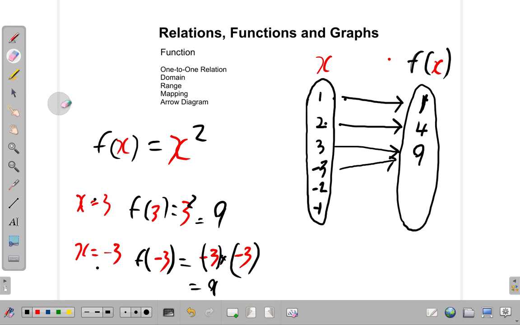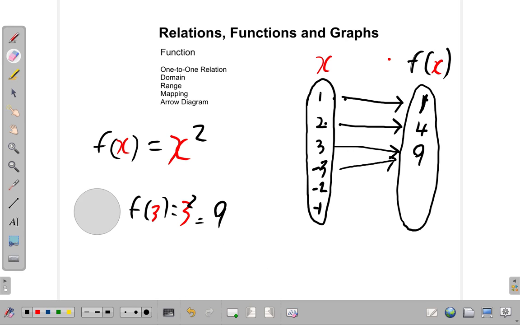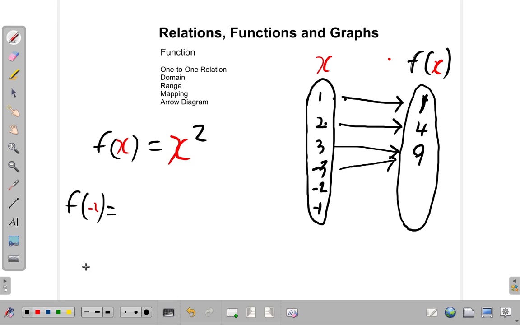Let us see what happens when x is negative 2. We have f of negative 2 is equal to negative 2 squared, which is negative 2 times negative 2. Alright?